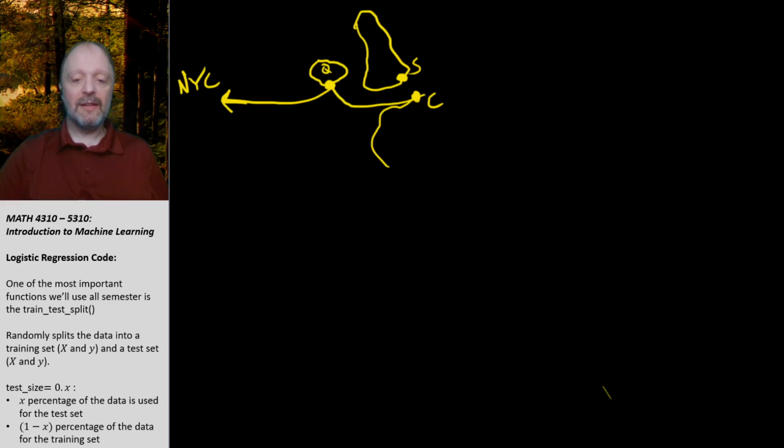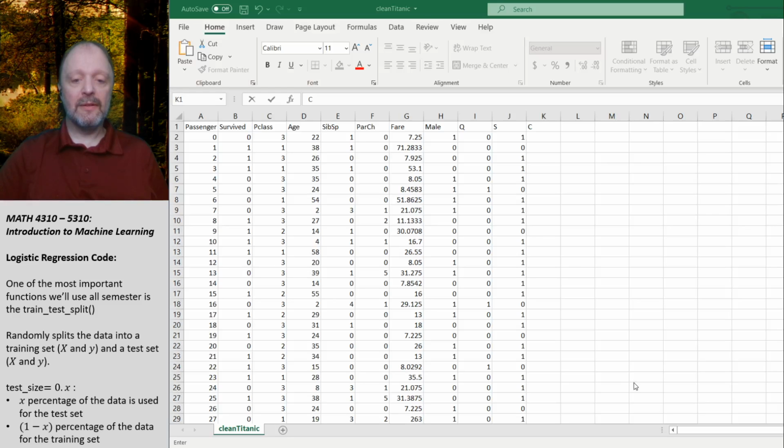So let's go back now to the Excel. All right, so there's only a 1 in one of the columns. That's where they boarded the Titanic. If they boarded at Queenstown, there's a 1 there. If they boarded at Southampton, there's a 1 there.